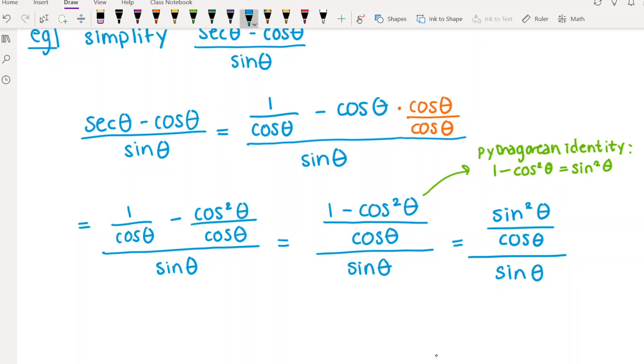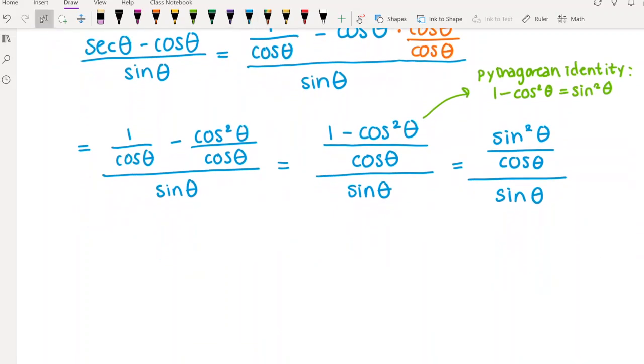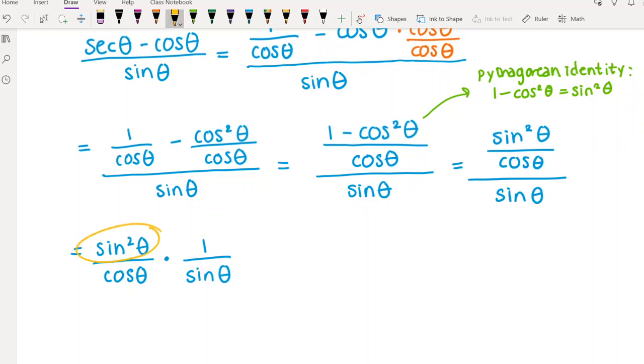So now we want to again use that method of rewriting, instead of dividing, as multiplying by the reciprocal. So we can rewrite this as sine squared of theta over cosine of theta times, the reciprocal of sine of theta, which is 1 over sine of theta. And so now we can cancel some stuff out. In the numerator, we have sine squared of theta, so that's sine times sine, and in the denominator we have just a single sine.